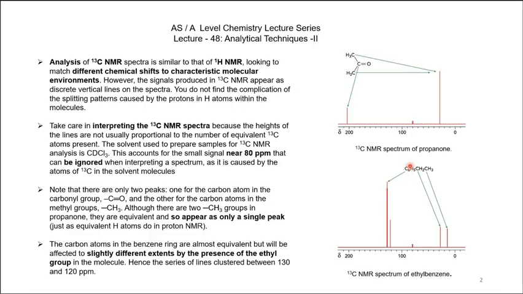In the benzyl group, the 6 carbons are almost equivalent, but will be affected to a slightly different extent by the presence of the ethyl group, and that peak is at a chemical shift of 120 to 130 ppm.